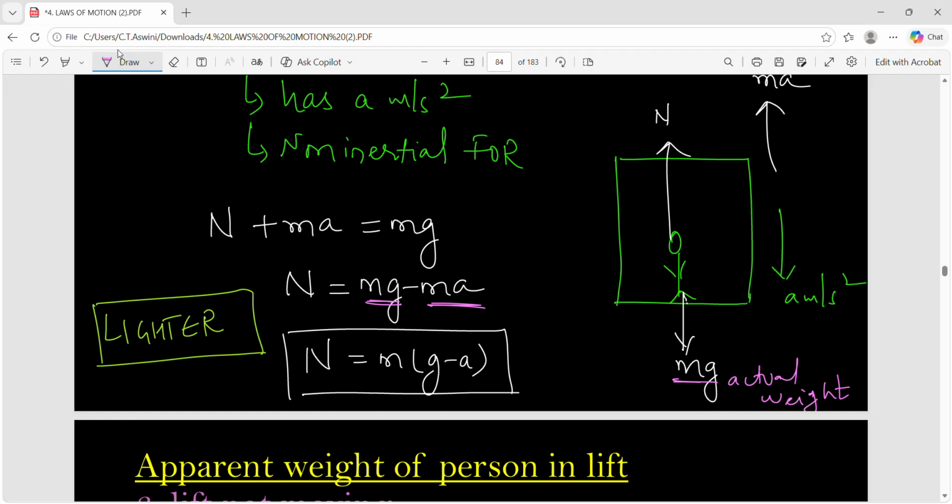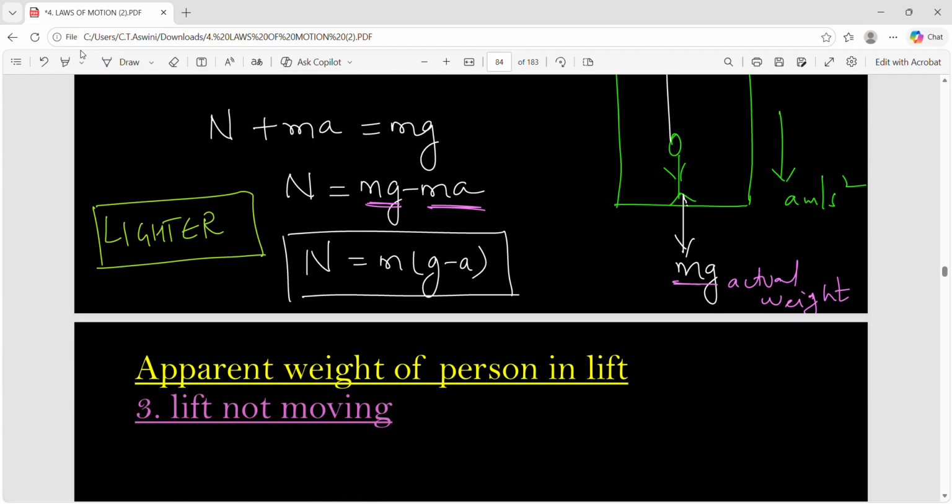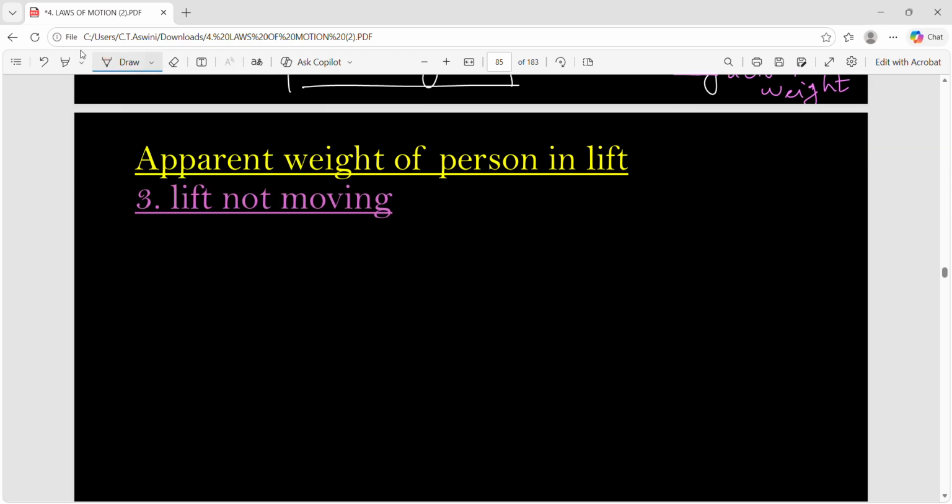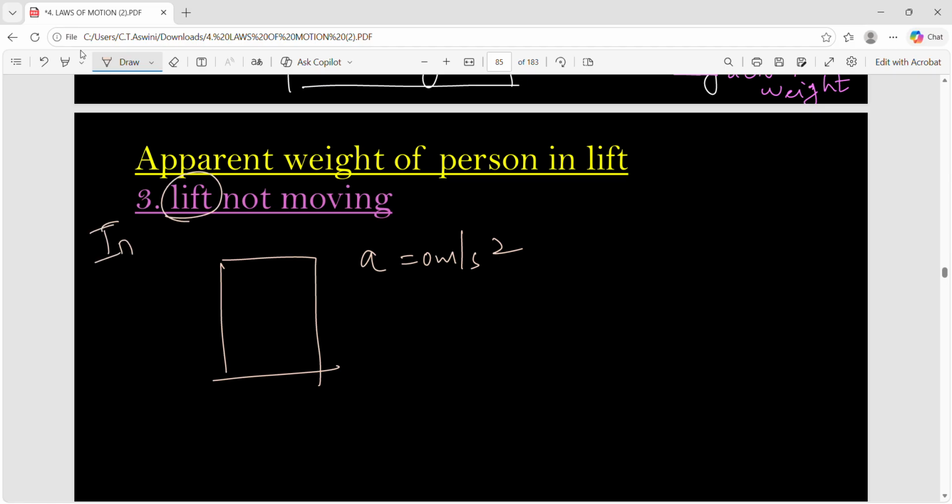If the lift is not moving, imagine this. Lift is not moving. That means acceleration of the lift is zero. So when acceleration is 0, how do we consider this lift now? It's an inertial frame of reference because acceleration is 0 now. So when it is inertial frame of reference, there is no point of considering pseudo force.